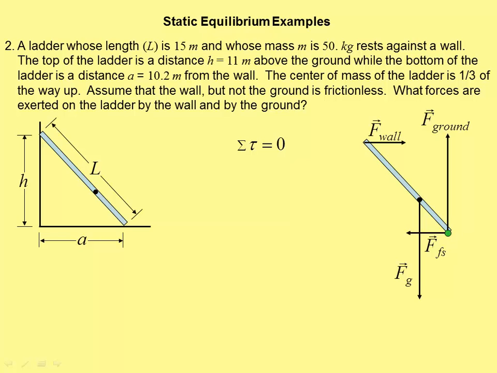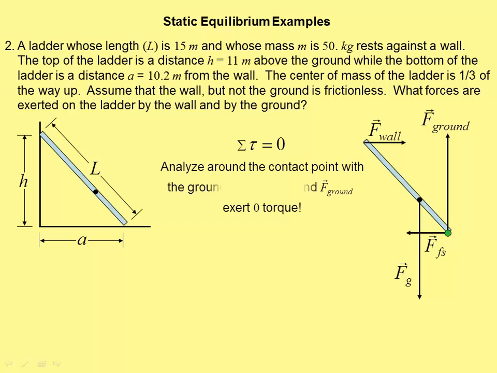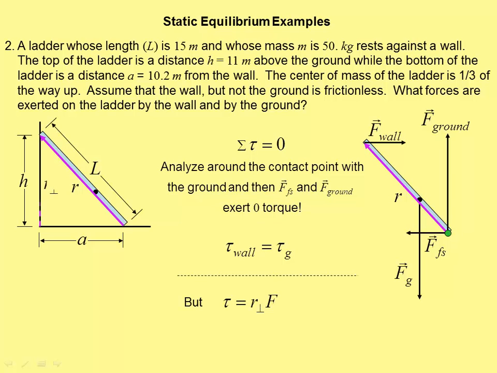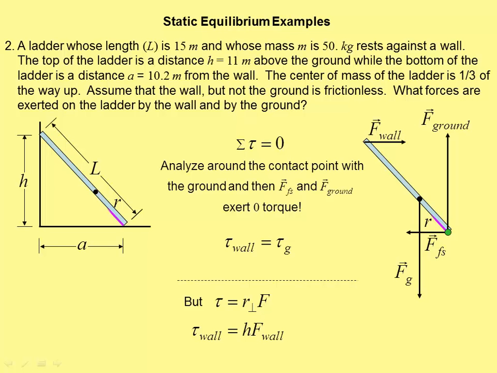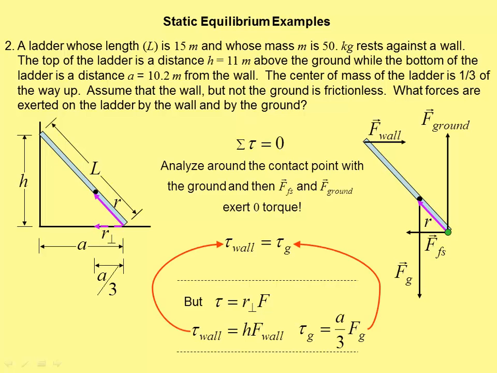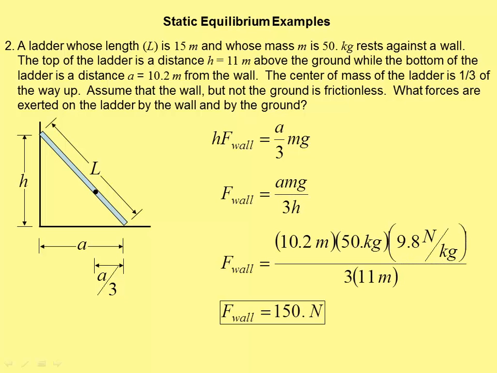Pick it to get rid of things you don't know, or to get rid of multiple forces, because any force that acts through the axis of rotation exerts no torque. And then it's a problem of figuring out the torques, which is not always a trivial thing. Sometimes you can be geometrically cute like we were here and figure out our answers. So there we go, a couple of pretty complex examples for static equilibrium.